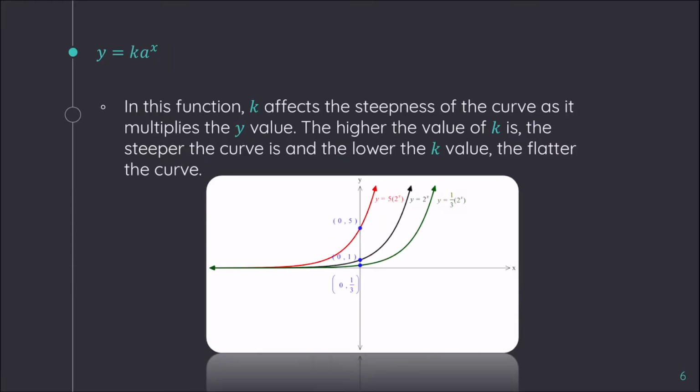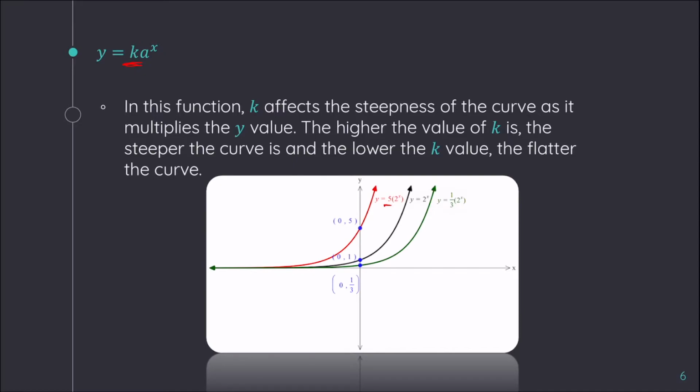All right, I use this k symbol here, so that amplifies the steepness. So if the k value is 5, then everything's going to be 5 times greater.